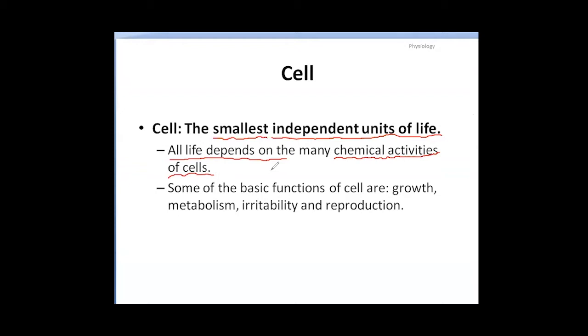And inside of cells, we have some basic structures, and certainly they have basic functions, like growth, like metabolism. And irritability means reaction to the environment, and reproduction. So that's basically the cell's functions.